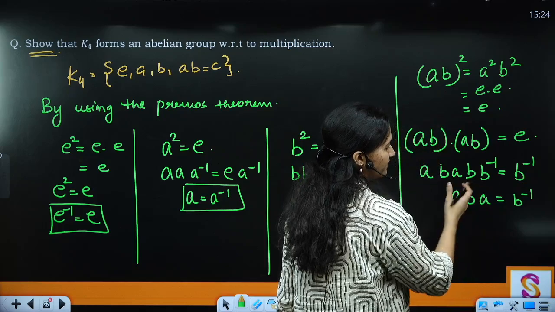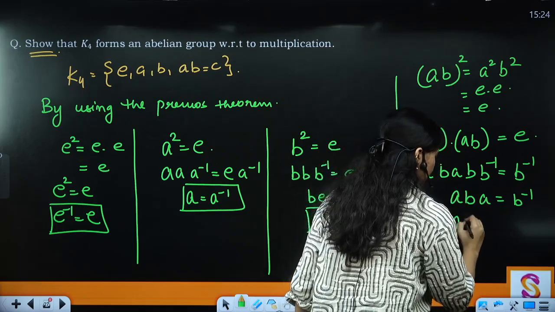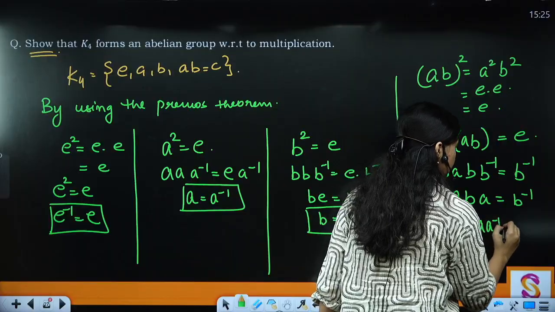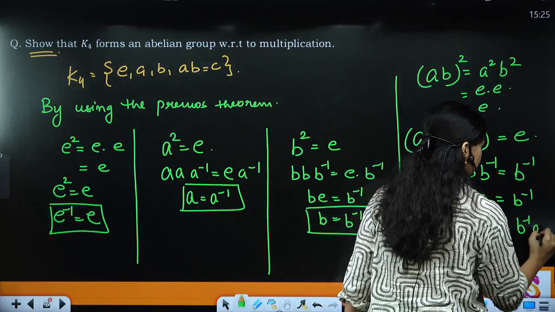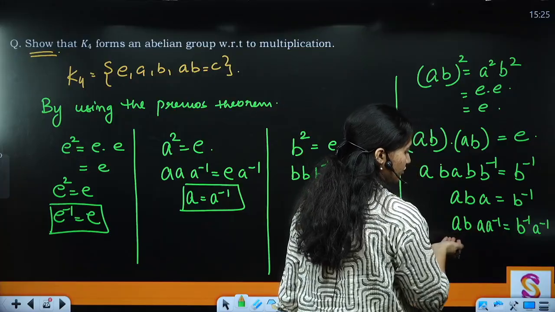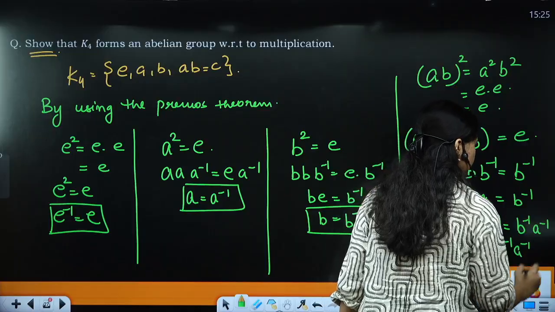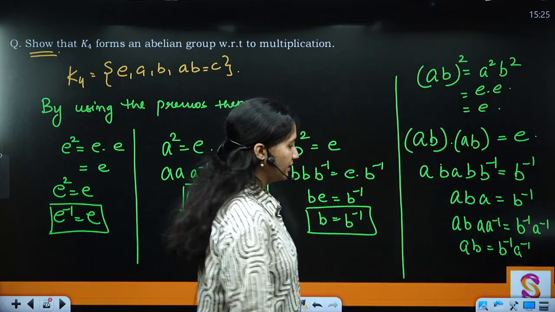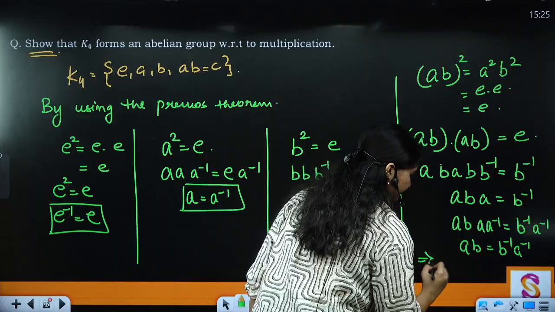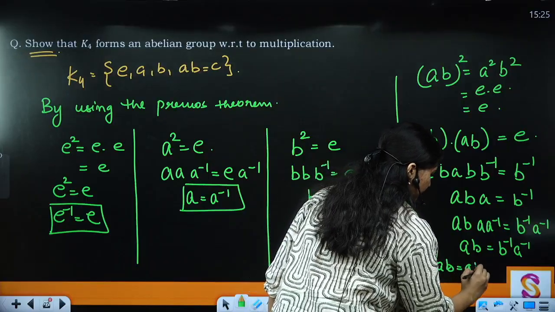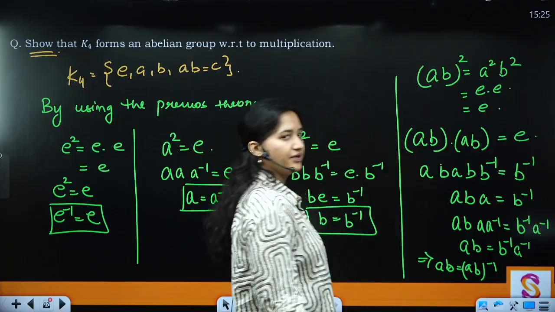Now again, if I multiply by A inverse on both sides, ABA inverse equals B inverse A inverse, right? So this is going to be what? Again AB. So this is giving me B inverse A inverse, right? Now AB equals the inverse of AB, right?